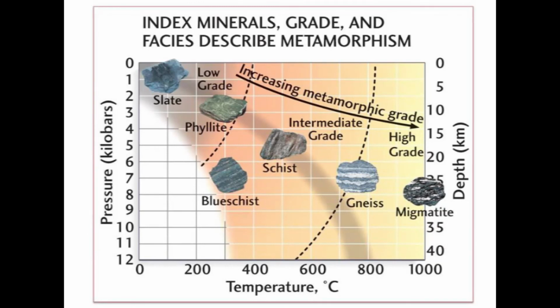Thus, on the basis of the detailed study of different subfacies and also with the support of experimental data, we can conclude that during prograde metamorphism of pelitic rocks, different rocks are formed like slate, phyllite, schist, gneiss and pelitic granulites. In this module, we have covered the pelitic metamorphism of zeolite facies as well as greenschist facies.